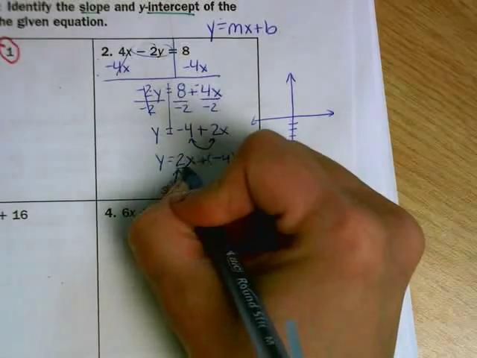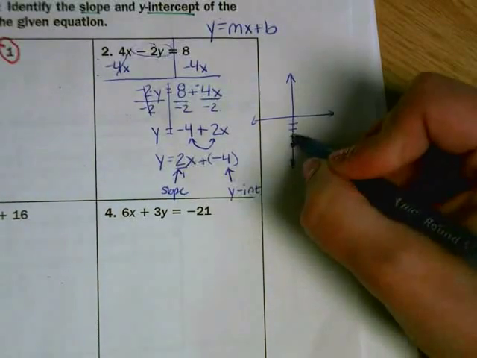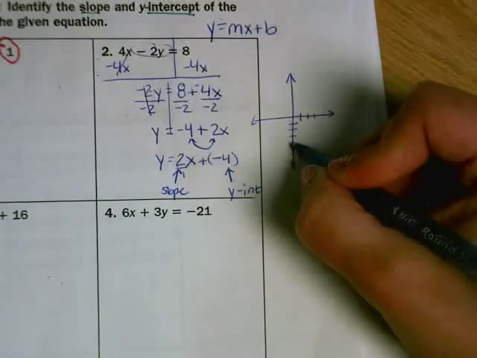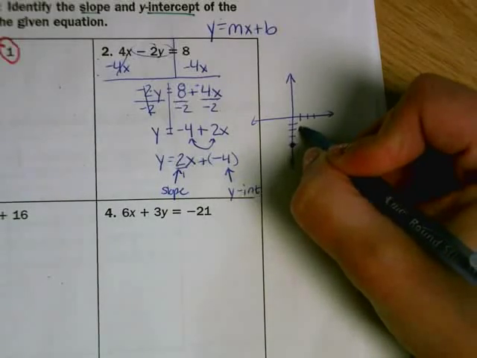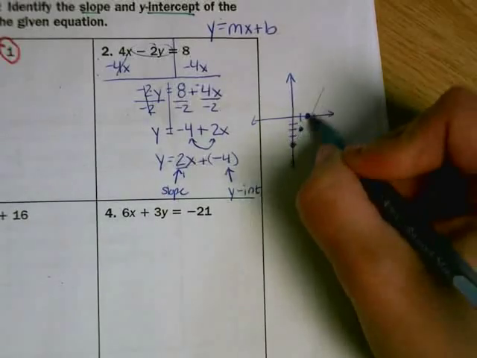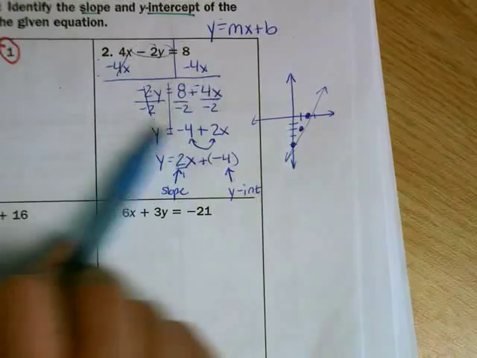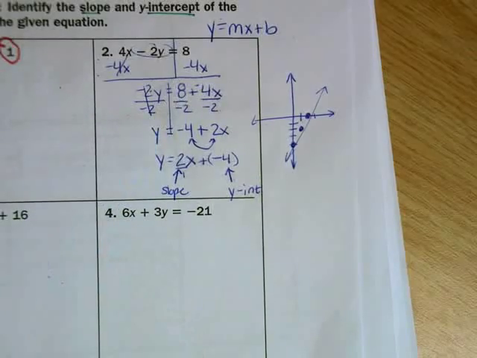And I'm going to make that slope a fraction, 2 over 1, because the slope is the rise over the run. So I'd go up to right 1 and put a dot, up to right 1 and put a dot, and I'd have that line graphed. Ooh, if I could connect my dots there. So this is the part that takes a little bit of time to get it into y equals mx plus b, but then we can graph it really quickly.